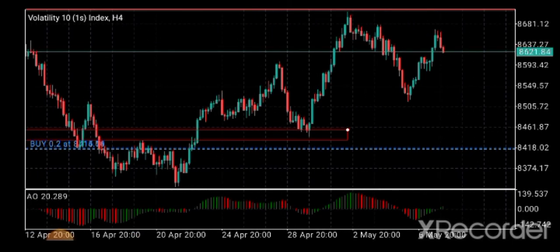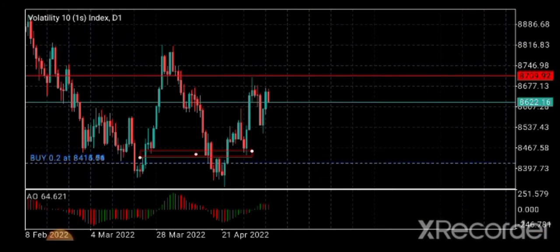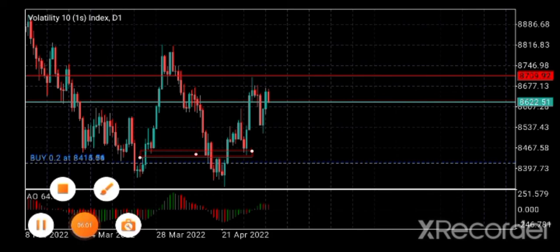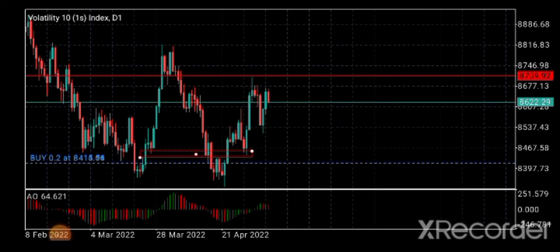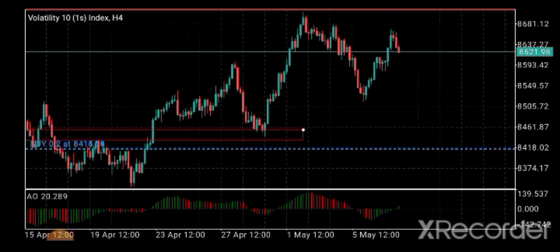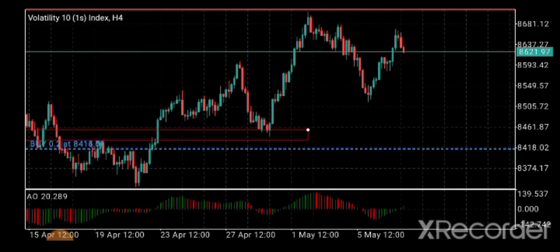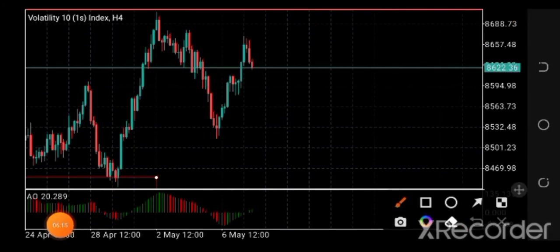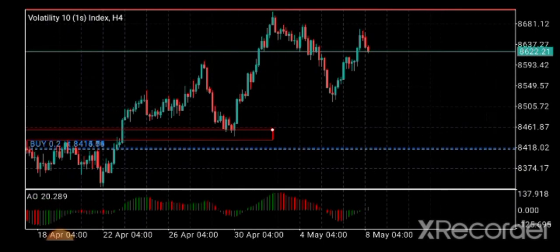I had hoped that the market was still going up because if I check the day time frame, this is what happened here. So I still had hope that the market would be in my favor. Now the market tried to come again, came up to here, formed another lower high, and then continued going up.